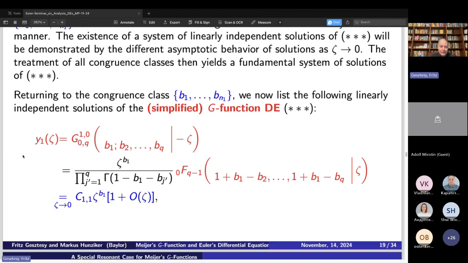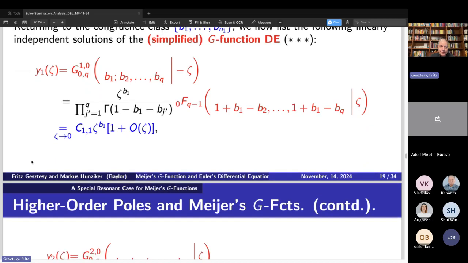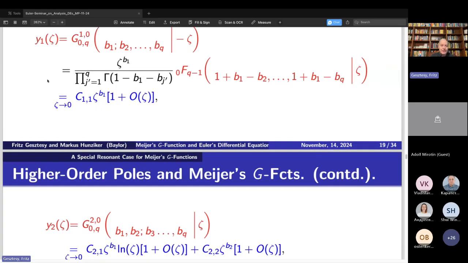So the first one is, you see, they have 0 for p and 0 for n. It's just a G, which actually in this particular case is just a power times a particular generalized hypergeometric function. So this is how it starts. The next one, I hope you can see both pieces at the same time.